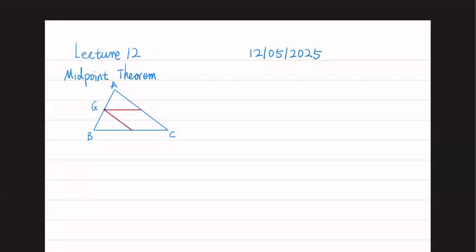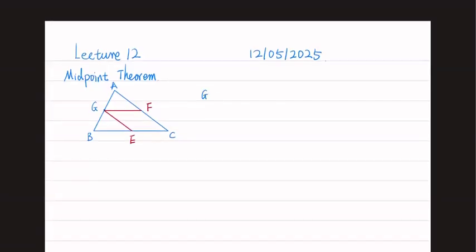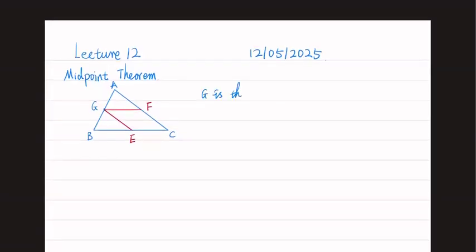What we do is we draw parallel lines. This will be F and E. So what we assumed, G is the midpoint. Assumption.